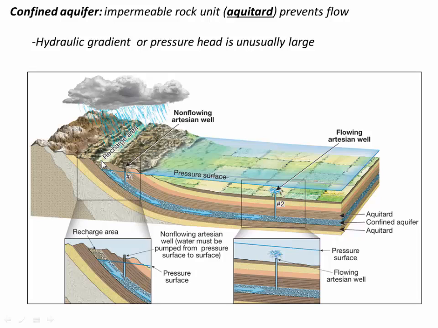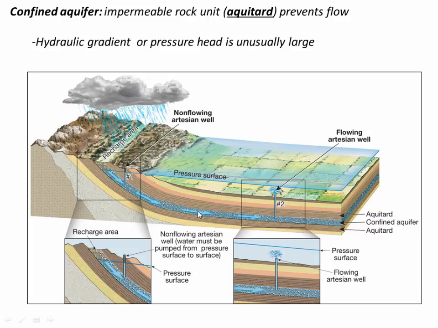So precipitation easily recharges this unit, but then that unit above and below it is confined by a less permeable layer. For example, perhaps a clay-rich shale, which we know has very low permeability.